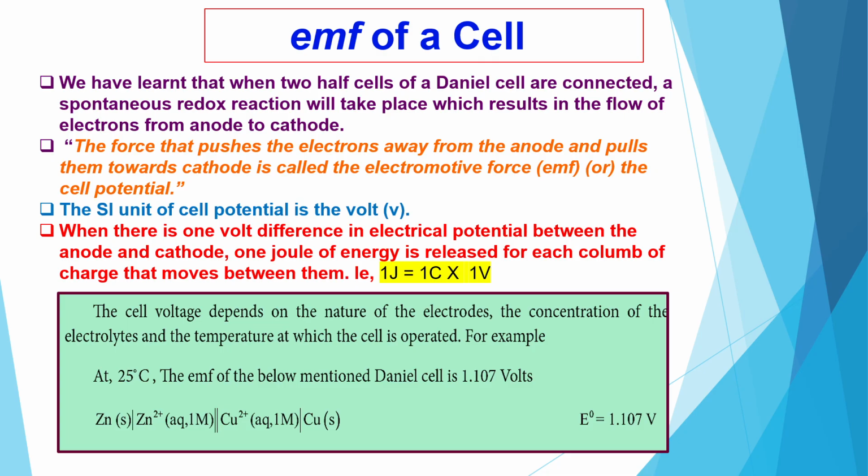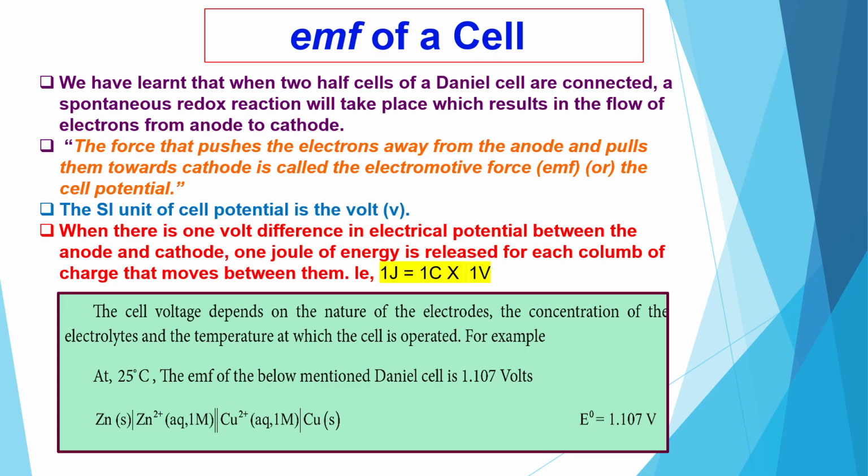If I want to define the EMF, the force that pushes the electrons away from the anode and pulls them towards the cathode is called the electromotive force, or you can also call it cell potential. The SI unit of cell potential is of course volt. When there is a 1 volt difference in electrical potential between the anode and cathode, 1 joule of energy is released for each coulomb of charge that moves between them.